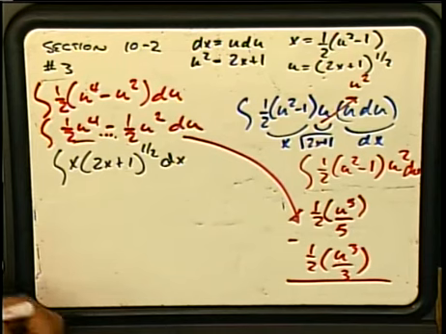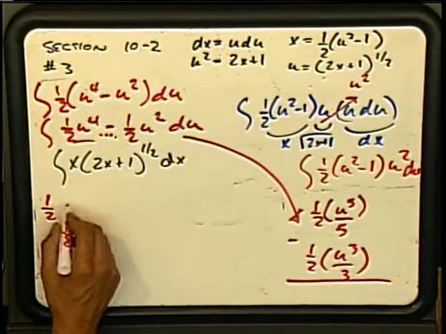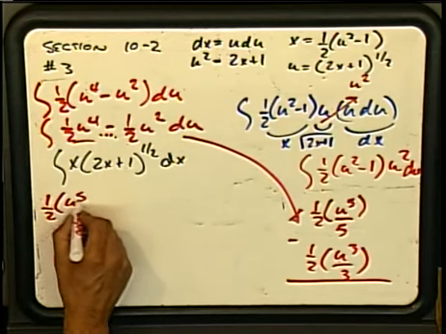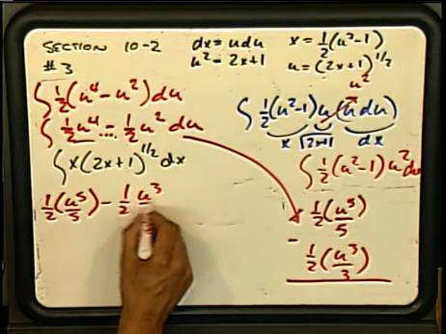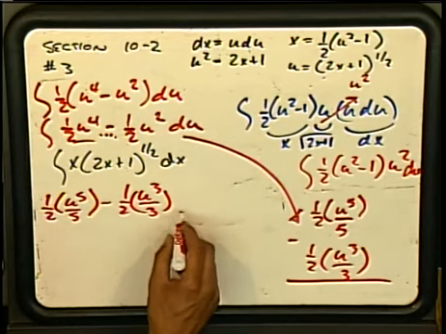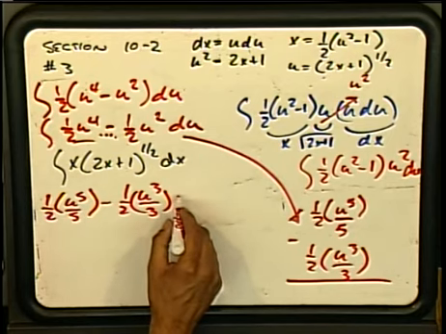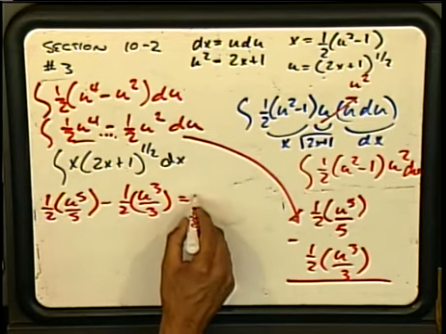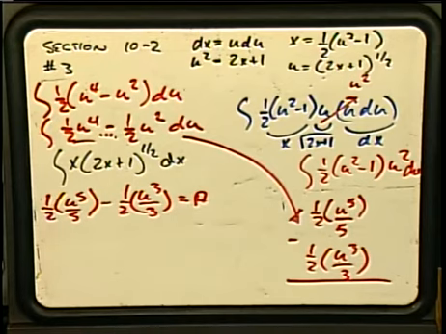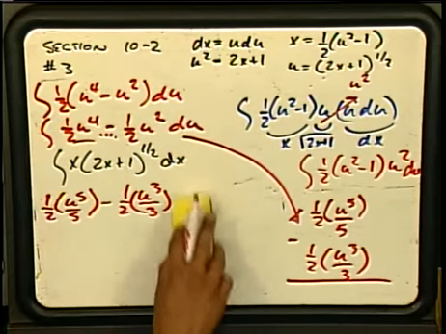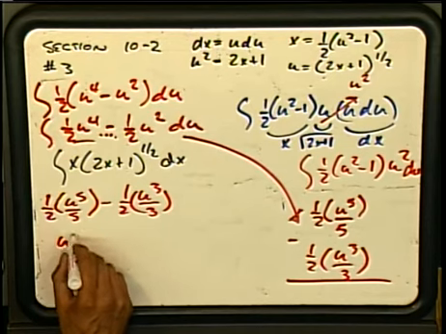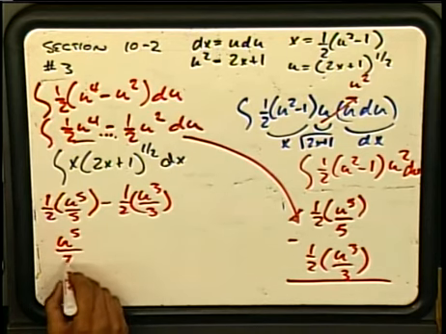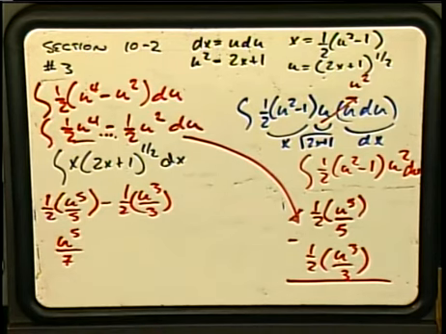And I ended up with 1/2 u to the 5th over 5 minus 1/2 u to the 3rd over 3. Equals the area. What are we looking for? Doesn't tell us. Simplify. That's 10.